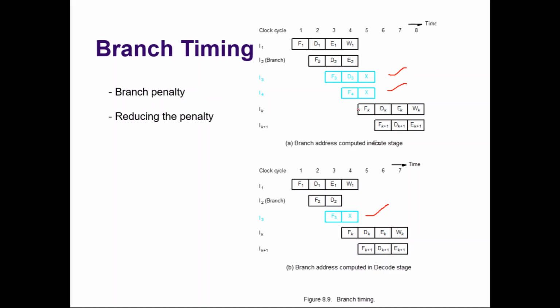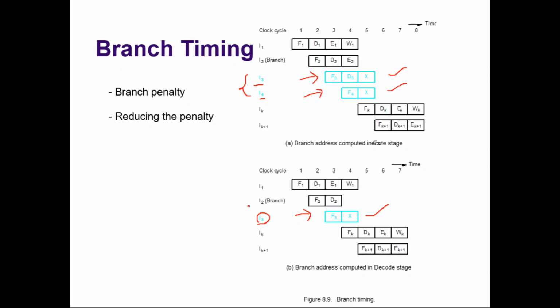These instructions are called delayed instructions. Why are they called delayed instructions? Because they create a delay in the pipeline. The pipeline delay is introduced because of executing these two instructions unnecessarily in this case, and here the pipeline is delayed because of executing this instruction unnecessarily.